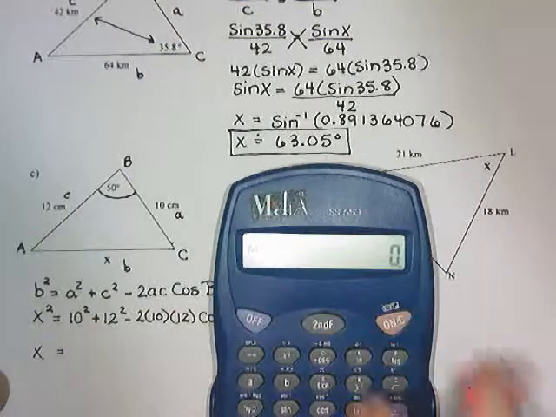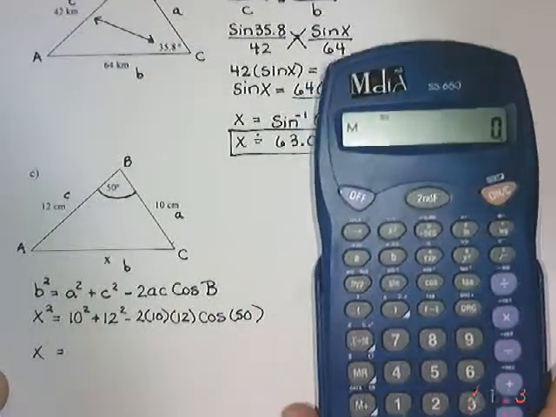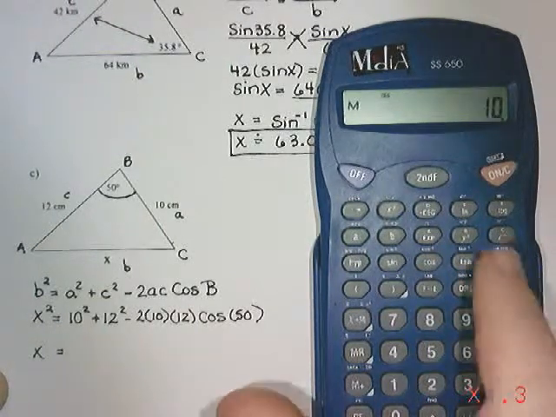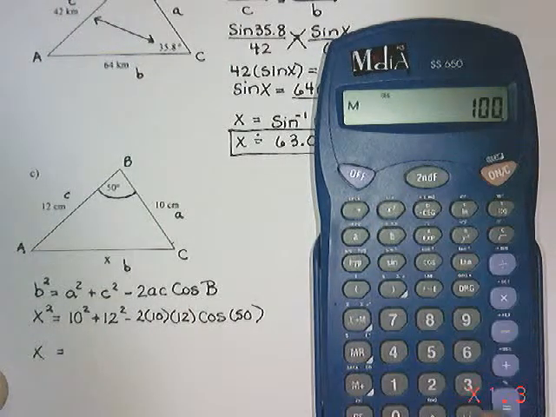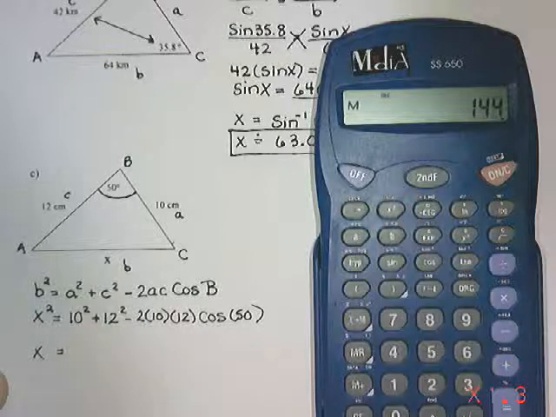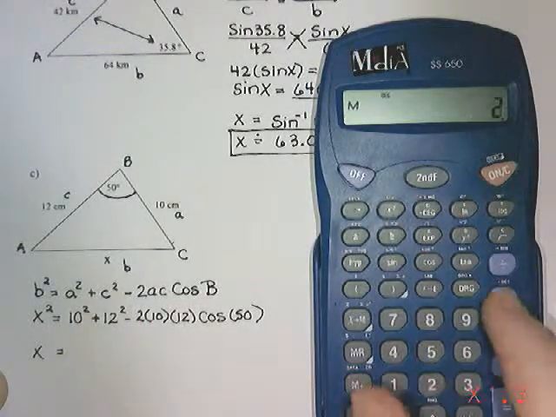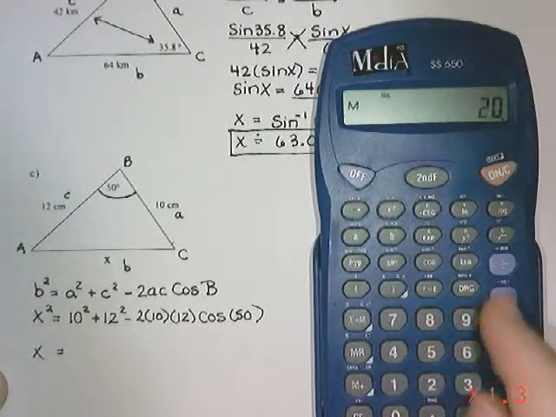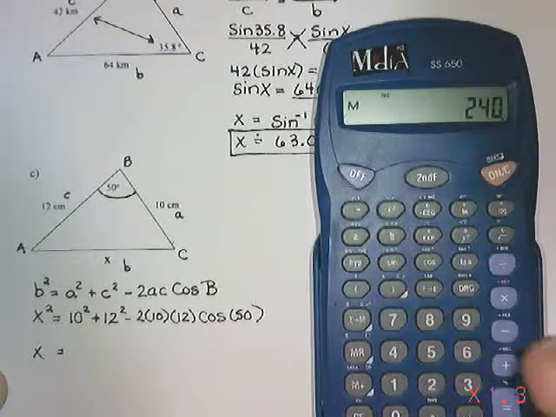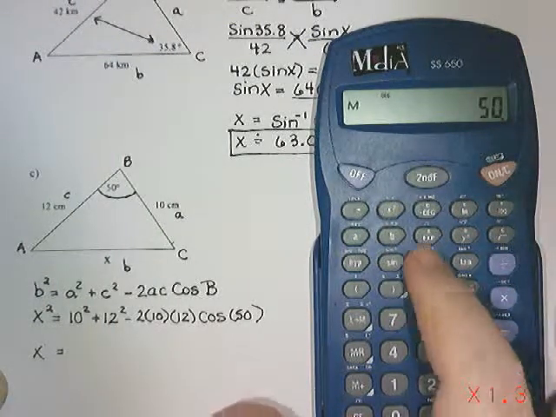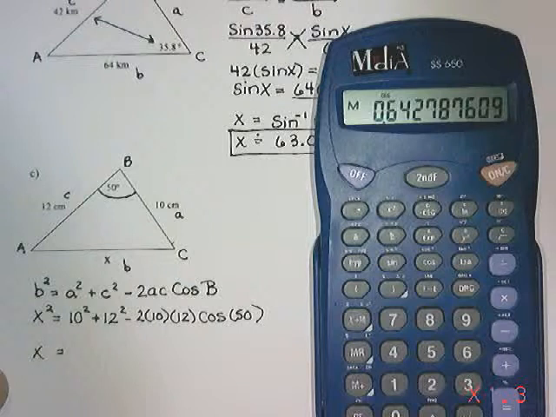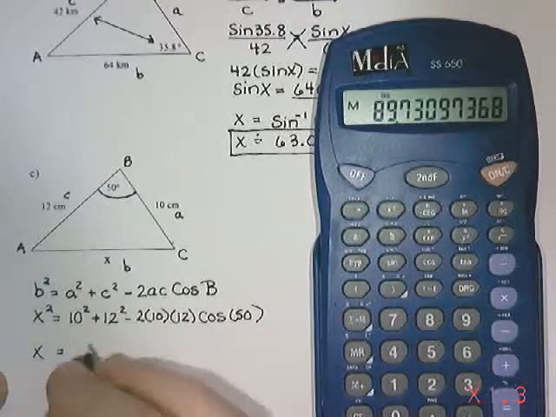So 10 squared plus 12 squared minus 2 times 10 times 12 times cosine of 50. Don't hit equals until you get to the very end of that.